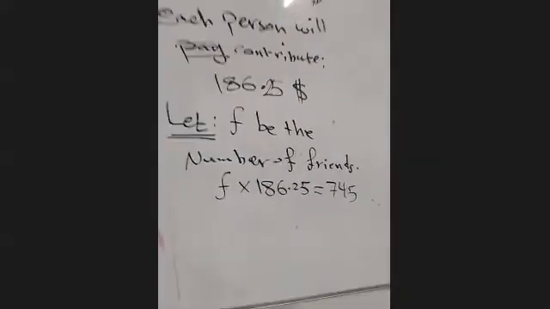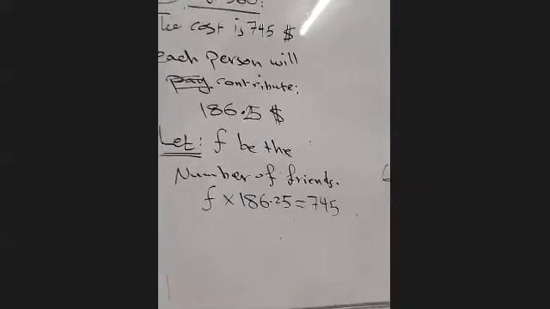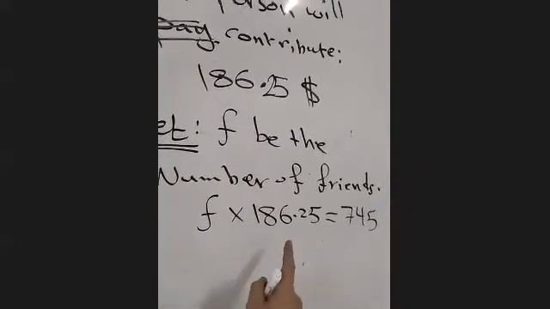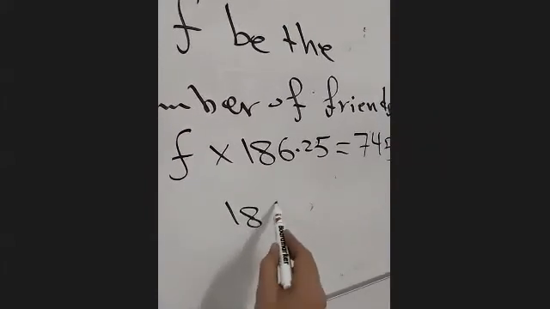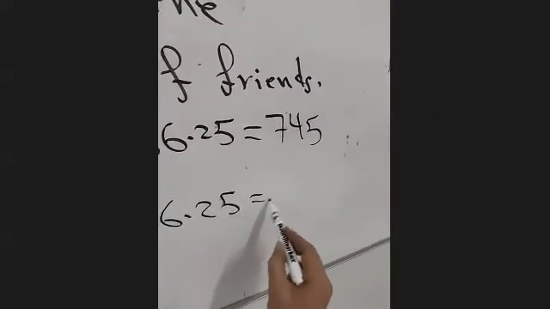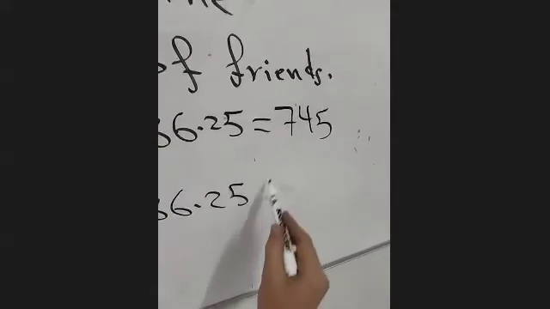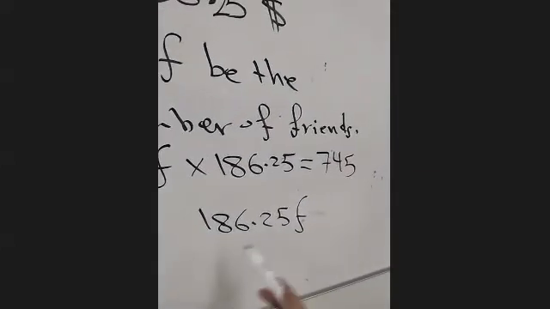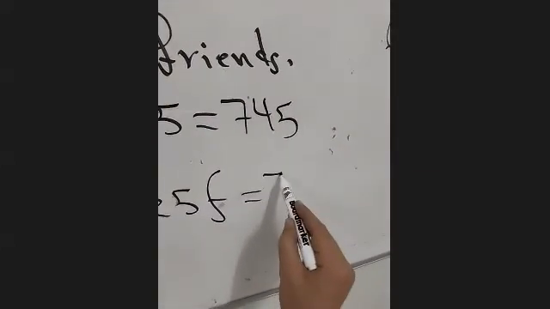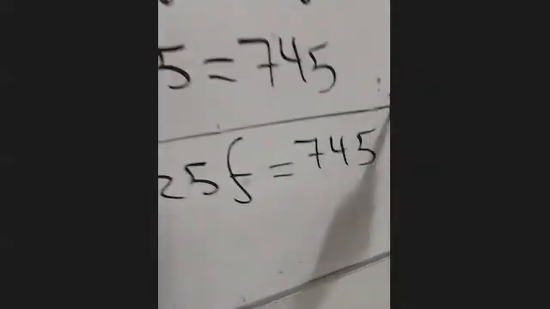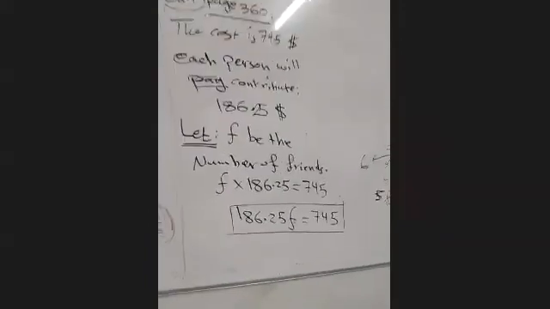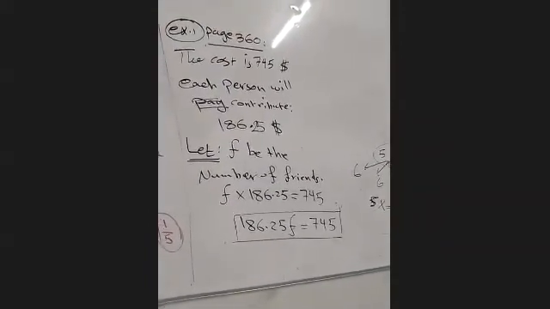Now, how do we write the multiplication here? We always put the coefficient first. So it will be 186.25 F equals 745. This is our equation. Okay.